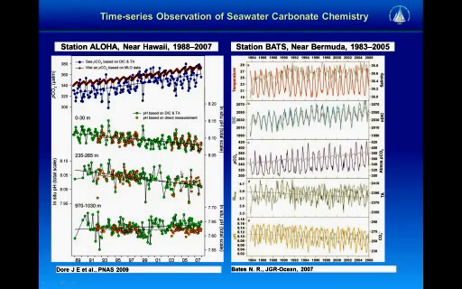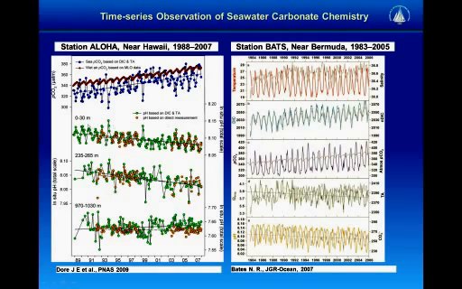On the left panel is the time series observation at the time series station Aloha near Hawaii between 1988 and 2007. The top graph shows the pCO2 increase at the surface ocean pretty much following the atmospheric CO2 increase.